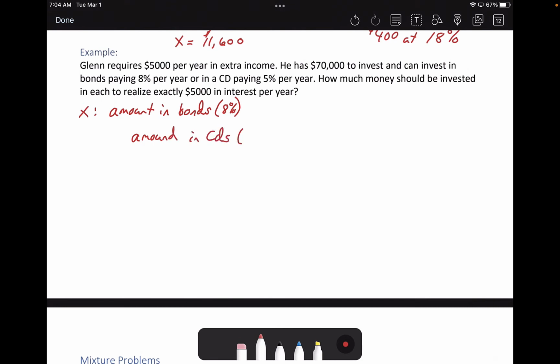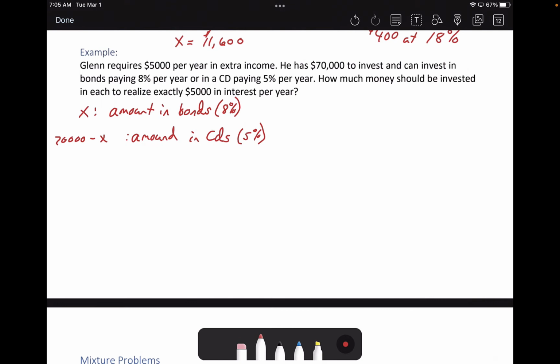We know the amount in CDs is 5%. So how do we represent the amount in CDs? We know that there's $70,000 total to be invested. Part of that, X, is being represented by the 8%. So that means whatever 70,000 minus X is will be the amount in CDs.